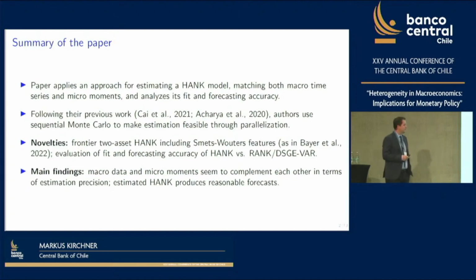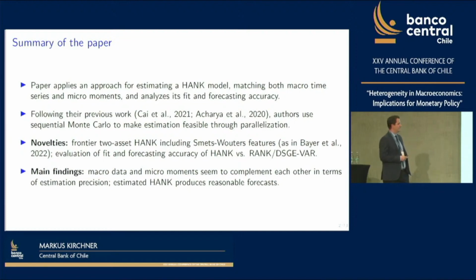But there are some novelties in this paper, right? They use a frontier two-asset HANK, as in Bayer et al. 2022. That model includes Smets-Wouters features. So these features seem to be important to generate good forecasting properties and good empirical fit.